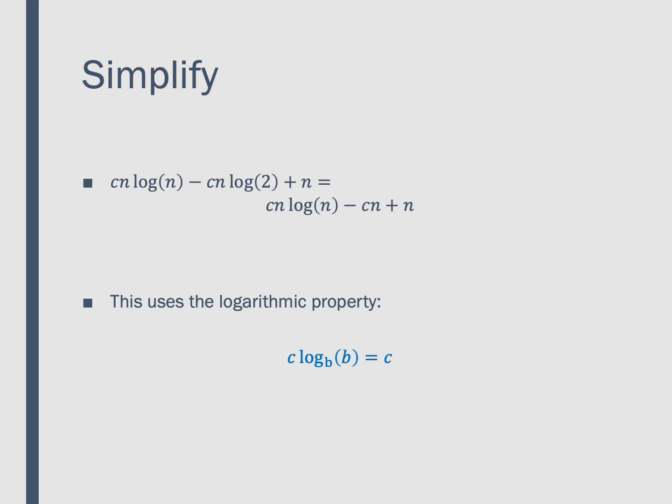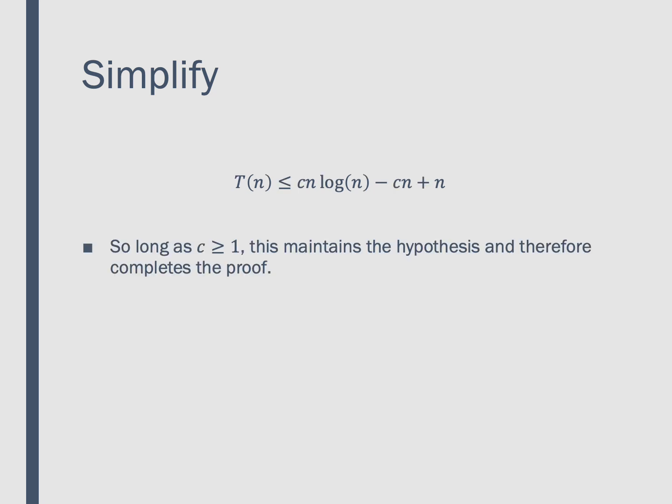So we simplify the log 2 term into a constant, which makes the equation easier to interpret and finalize. The final observation at this stage is that the c dot n log n term dominates for large n.